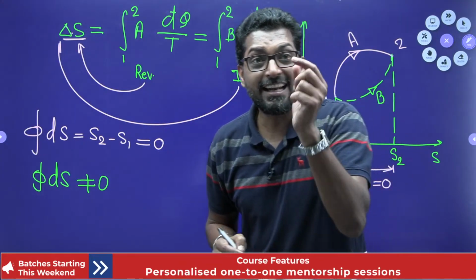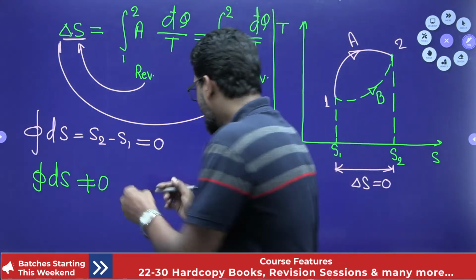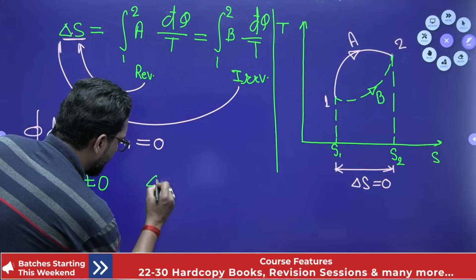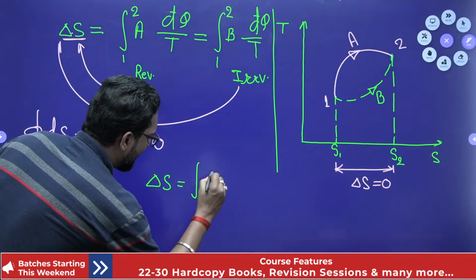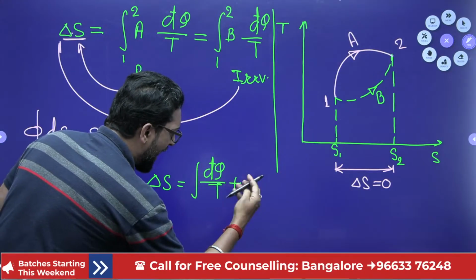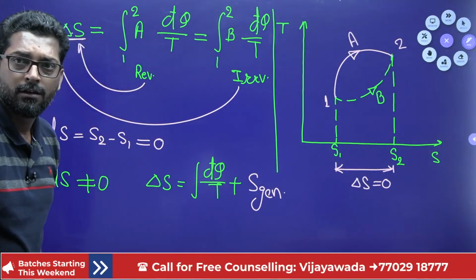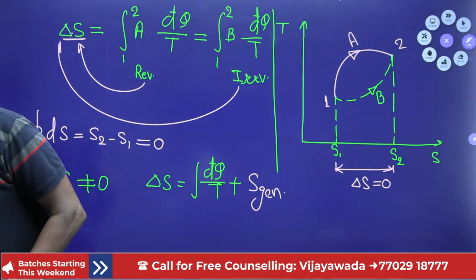In that case, there is a generation concept. That means if delta S is the cyclic integration of dq by T, this is for irreversible. There must be some positive quantity added, the entropy generation. We'll discuss this one.